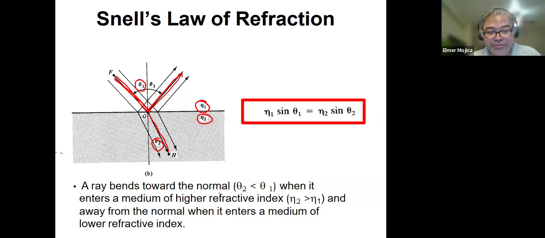So a ray bends toward the normal, okay, so theta 2 is less than theta 1 when it enters a medium of higher refractive index, and away from the normal when it enters a medium of a lower refractive index.